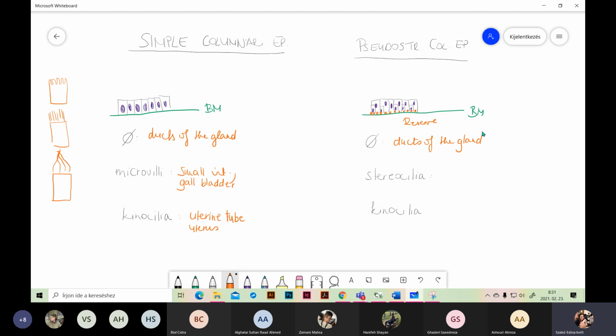Okay, and let's see the pseudostratified columnar with kinocilia. Which system has this type of epithelia? In the respiratory system, we have this type of epithelia.